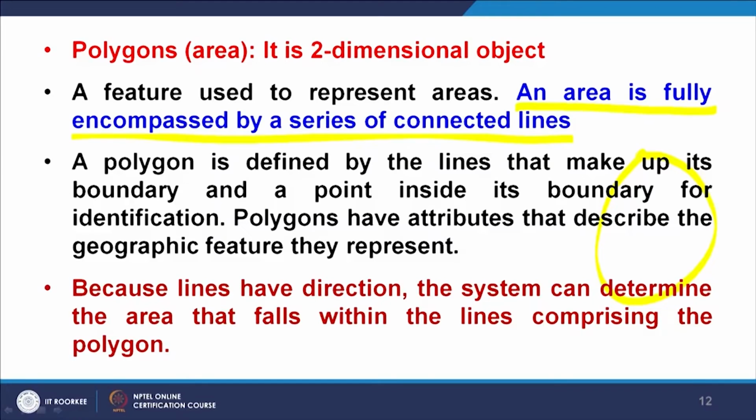As you know, because lines have direction, it is a typical vector, and the system can determine the area that falls within the lines comprising the polygon. So, once it is closed, now we know which is the inside and what is the outside, and that gives the advantage of keeping watch on information about the neighborhood.